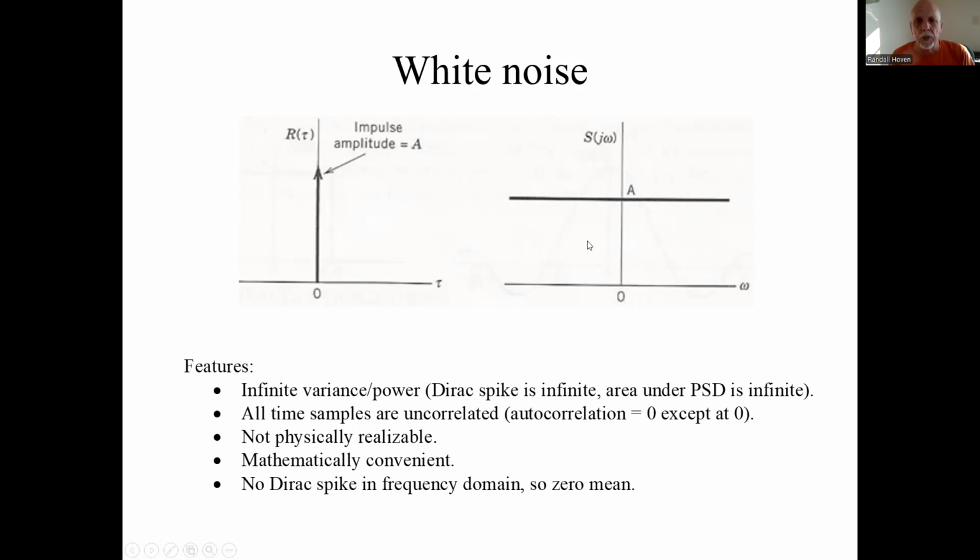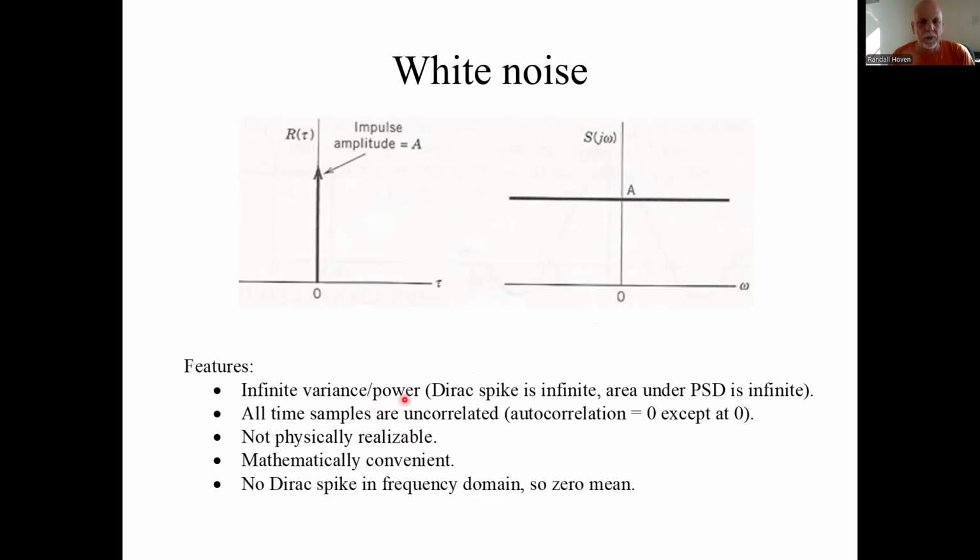Let's see, a few things. Remember, the power of a process is the area under the spectral density curve. Well, in this case, that would be infinite. It goes on to infinity. The area under that curve is infinity. So it's not a physically realizable process.